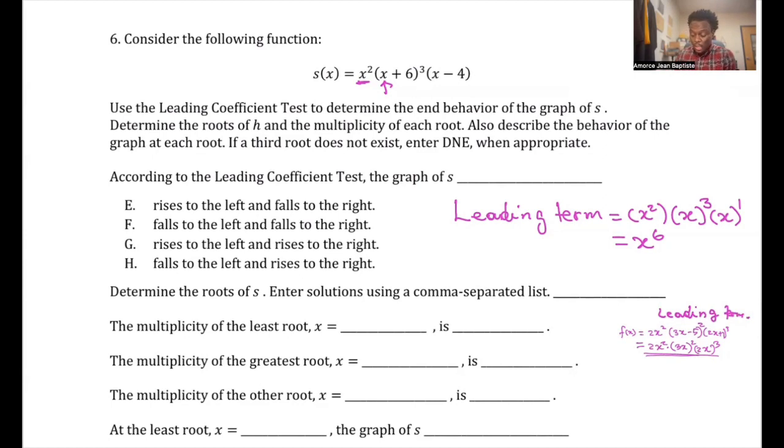But in this case, the coefficient is 1. So for all the x values, that's why it's automatically x to the 6th power. So the leading term is x exponent 6. Coefficient is 1, which is positive.